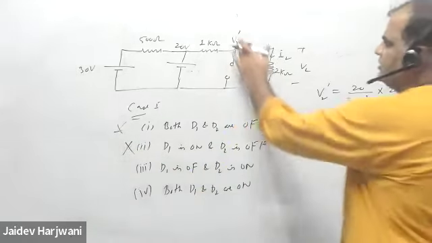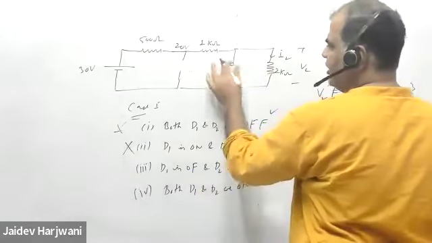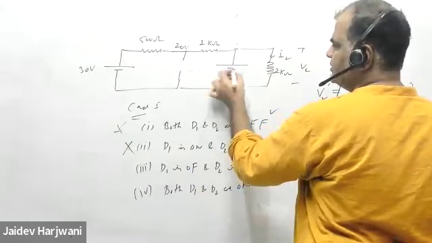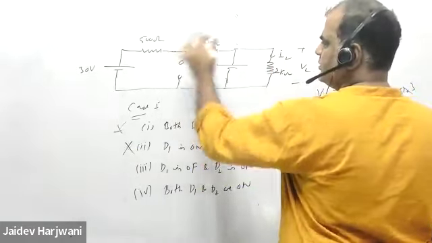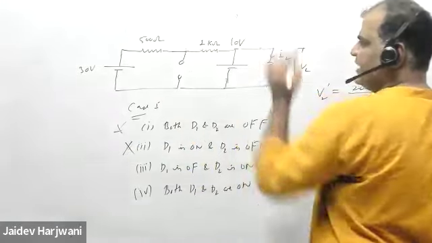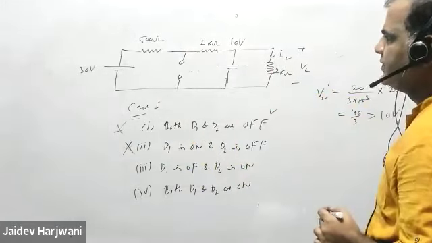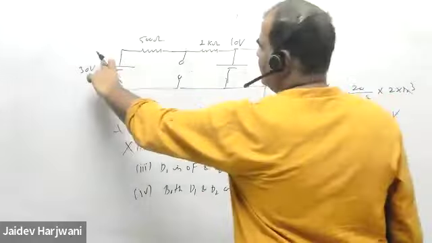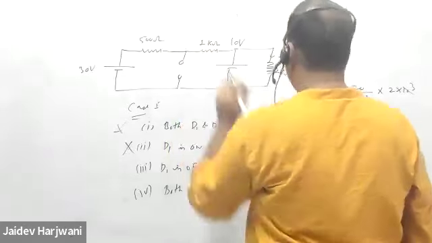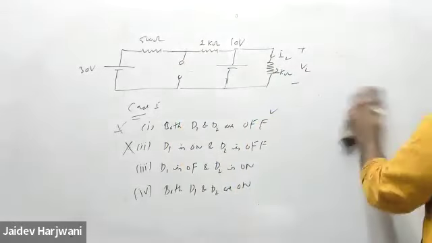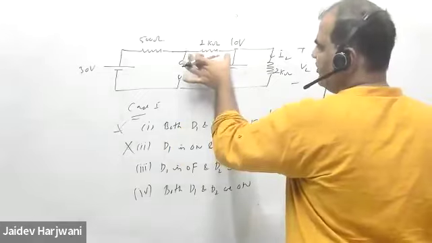Okay. A third case I'm taking, I'm saying this is on. This is on and this is off. And now this voltage becomes 10 volt. So remaining 30 minus 10, this voltage 20 is coming here. If 20 is coming here, I can find what is across 1 kilo ohm.